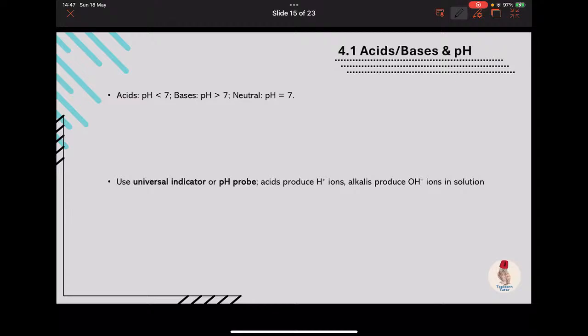The reddish yellow color suggests to you that it is an acid. Now, the pH scale is something like this. It starts from red to green and ends at blue/purple. Now, this is pH 1 and this is pH 14.